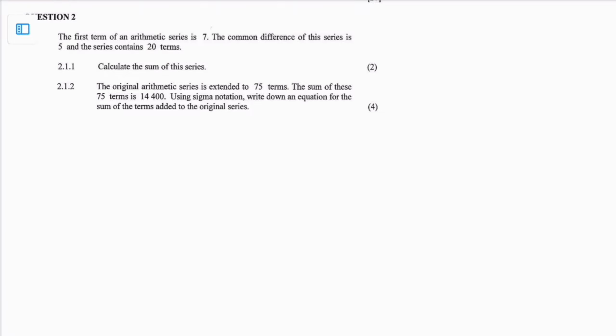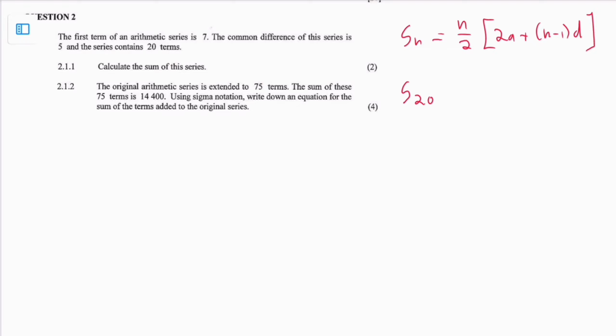So the formula for the sum of an arithmetic sequence, you will see it in the formula sheet provided as well, is n over 2 times (2a plus (n minus 1) times d). Okay, so n is the number of terms, a is the first term of the series, and d is the common difference. So really they give us everything we need.